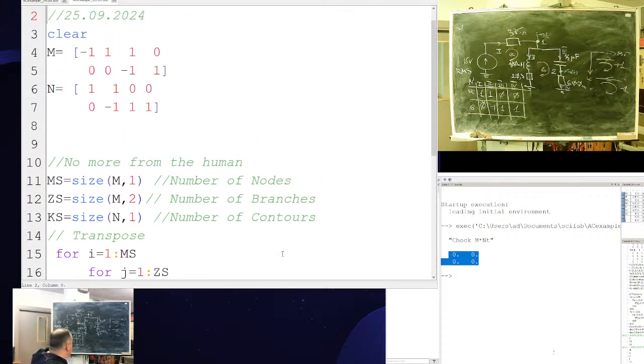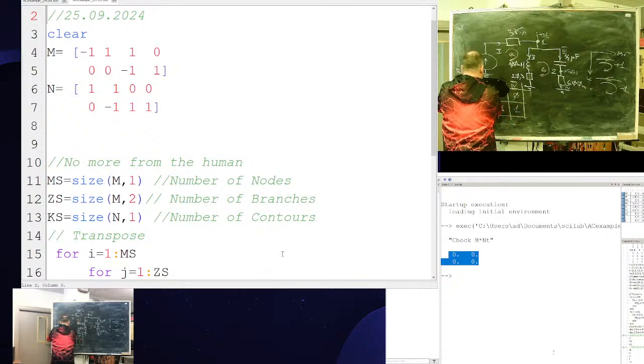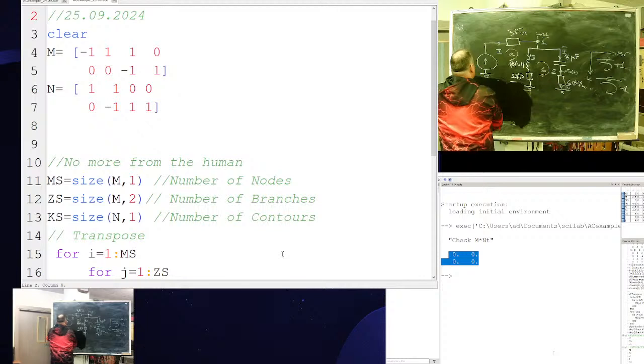I have connection topology, but where are my elements? I have many elements. Where are resistances? Let's do it by branch.